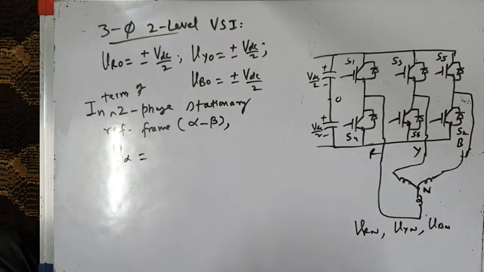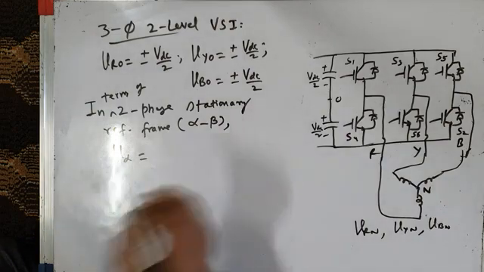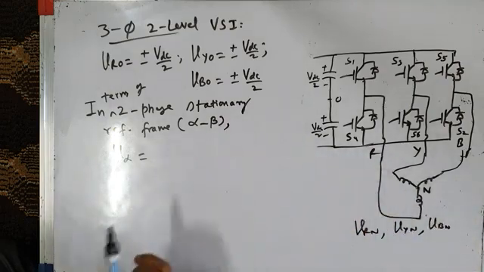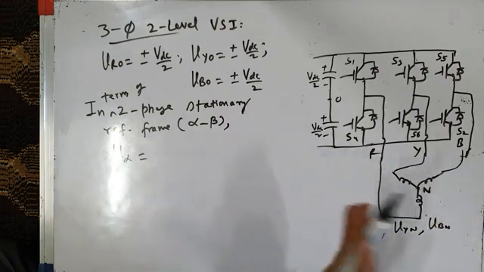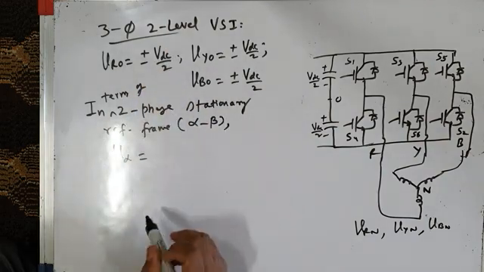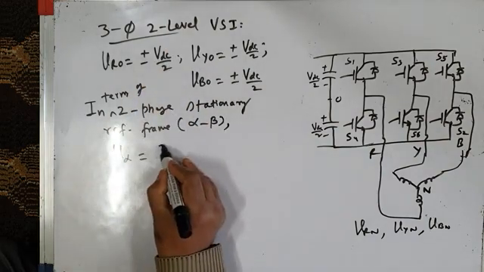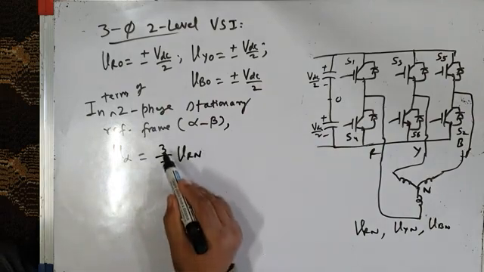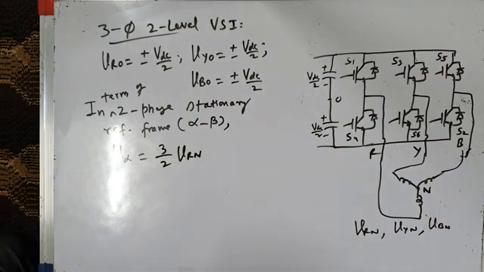If you have already studied the three-phase six-step voltage source inverter, and you go back to that and transform three-phase voltages into equivalent two-phase voltages, the three-phase reference frame into the two-phase alpha beta reference frame, V alpha will be given by this relation: 3/2 times VRN.